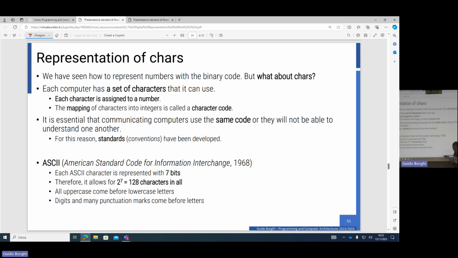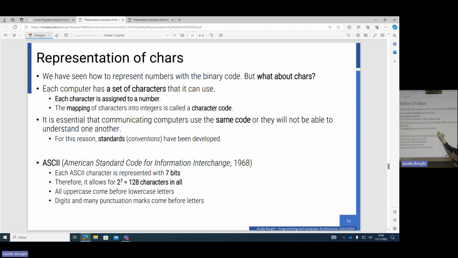So the solution to represent characters in a computer is using numbers. And the mapping of characters and numbers is called character code. So we have a map that stores all the conversions between numbers and characters, and characters and numbers.